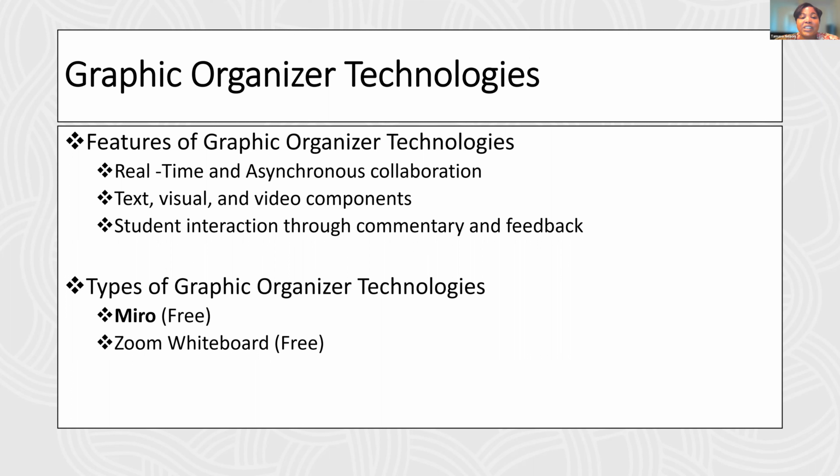But Miro is essentially used for collaborative whiteboarding. So they have a robust amount of features that you can use it for, like if you're into mind mapping, concept mapping, just different ways and different functions. Is that how you would use the organizer technologies, on the whiteboard? Yes, if you want to do a mind map or a Venn diagram or something like that, you can use that technology on the whiteboard.